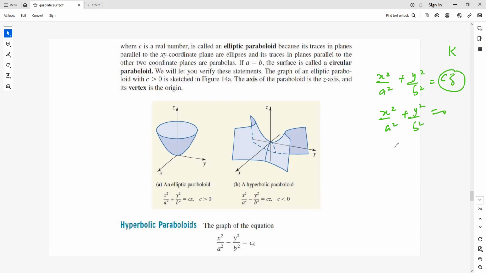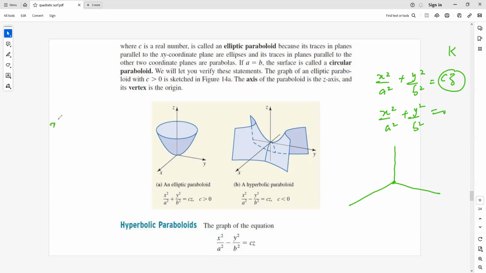So we can see here that at the origin, there is a single point. Now, as we increase z, let's say cz equals 4, then we will get an ellipse at z equals 4, right?